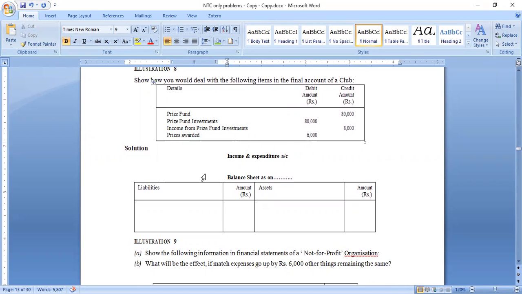So we'll go with the illustration. So prize fund investment. Investments are assets. So 80,000.